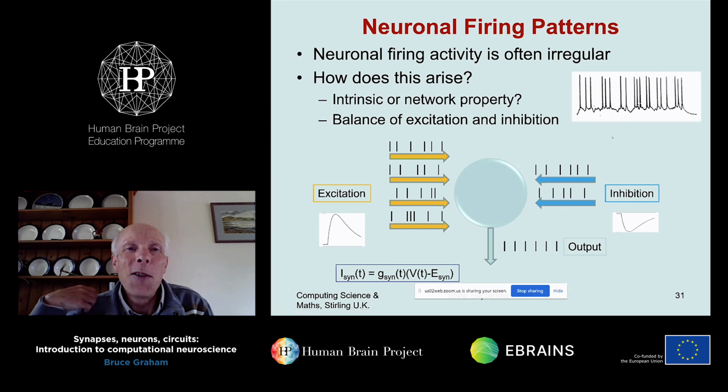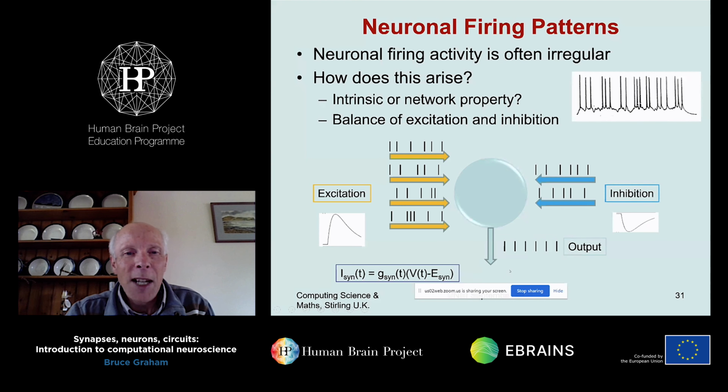And so there's been an awful lot of work running computer simulations of spiking neurons that show that actually you can get this irregularity, but only with a very suitable balance of excitatory inputs and inhibitory inputs.